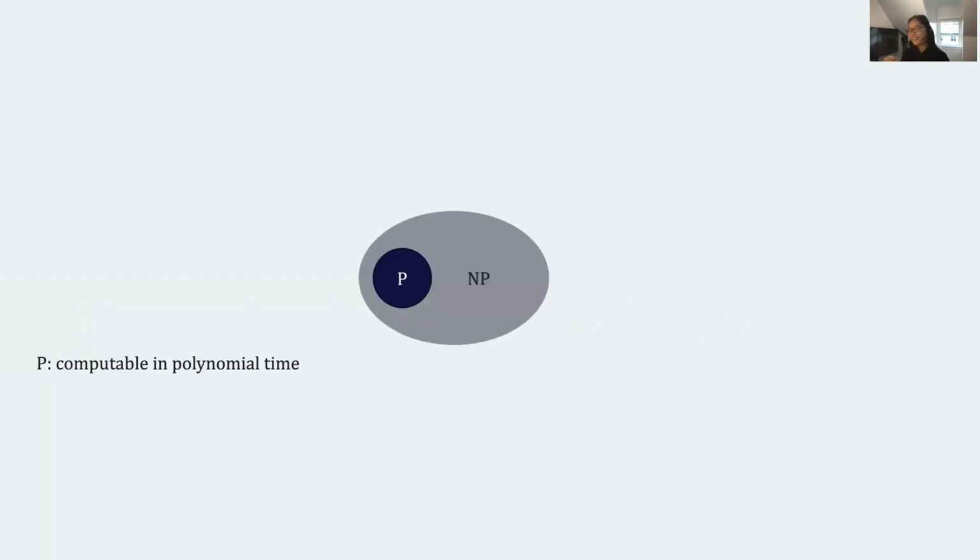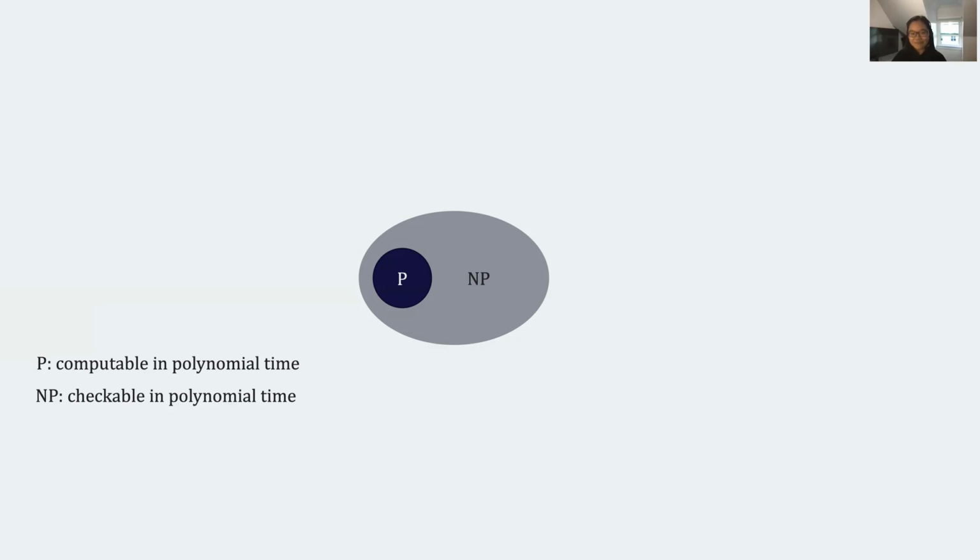Containing this class, there's another class called NP, which surprisingly doesn't stand for "not polynomial." It stands for non-deterministic polynomial, which just means that the solutions to these problems are checkable in a polynomial amount of time.